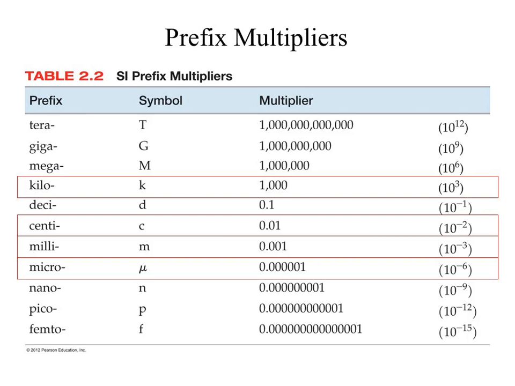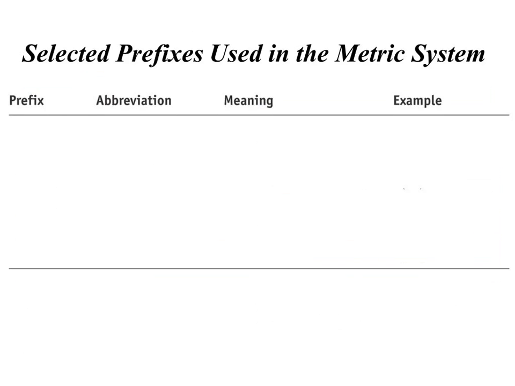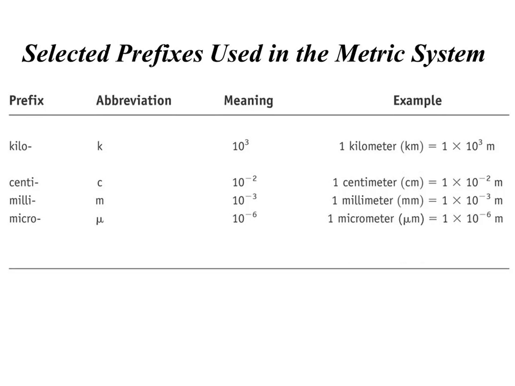We're going to talk about that in a minute. 1/1000th is 10 to the negative third, and 1/1,000,000th is 10 to the negative sixth. So we'll talk about those. This is actually a figure from a different textbook, but just so we're all on the same page, those are the 4 that you need to commit to memory.